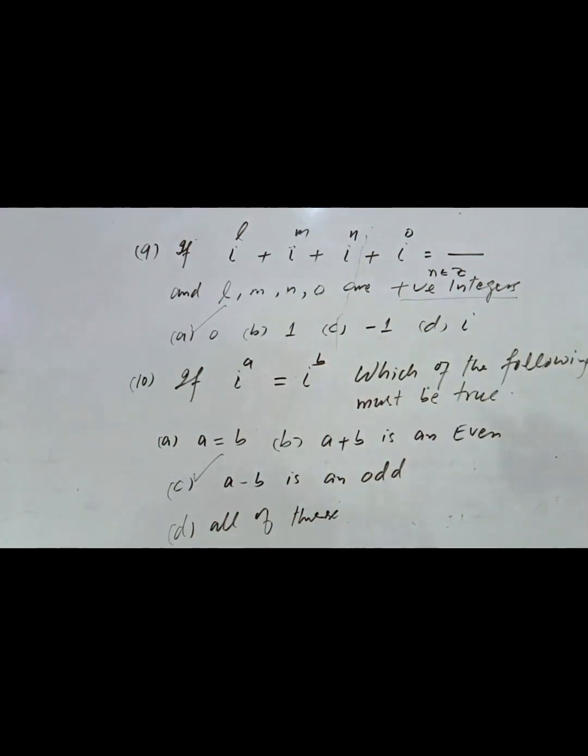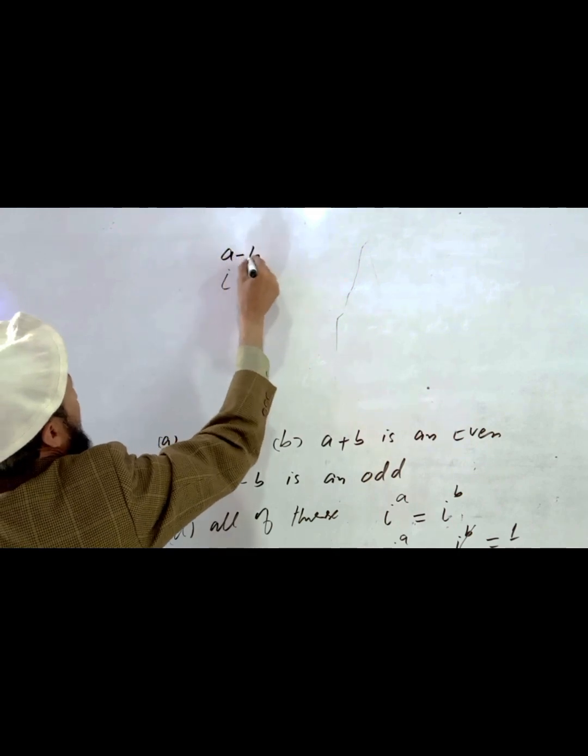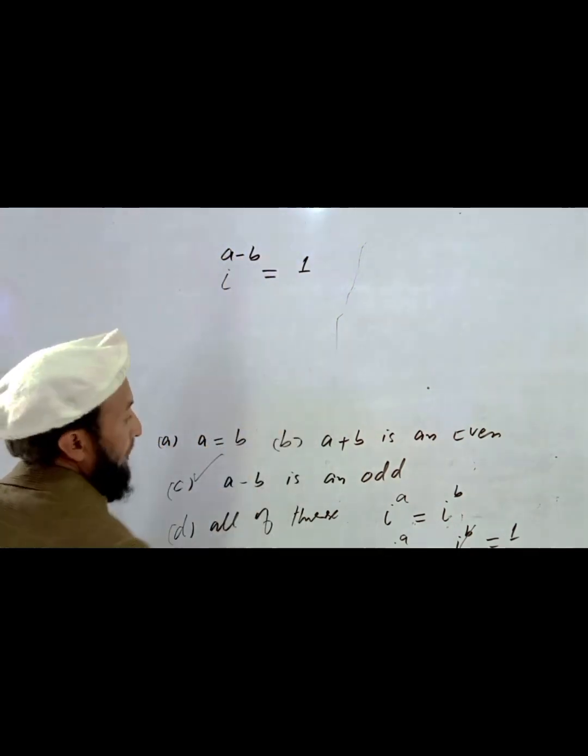How? Look here, if we find the solution, we can write iota power A is equal to iota power B. Dividing both sides by iota power B, iota power A divided by iota power B is equal to iota power B divided by iota power B. Both are cancelled here, this will be equal to 1. Here, according to the quotient property, iota power A minus B is equal to 1.